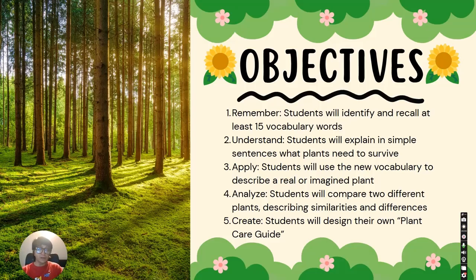That would work both ways. Now, the fourth level, we have analyze, where students will compare two plants, again, either real or not. They will find the similarities and the differences using words such as but, and, because. That's the idea.